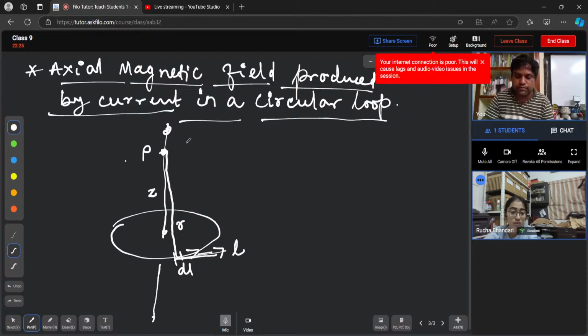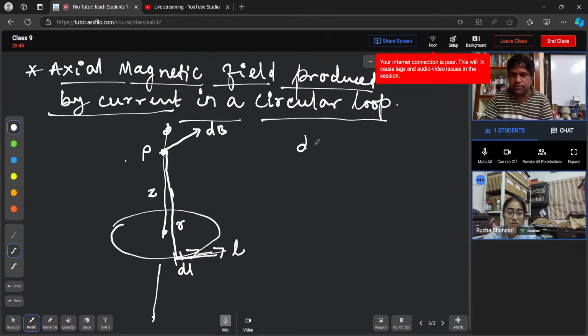Now, what will be the direction of the magnetic field? The magnetic field is perpendicular to r. That means this is the magnetic field direction, and this is your dB.